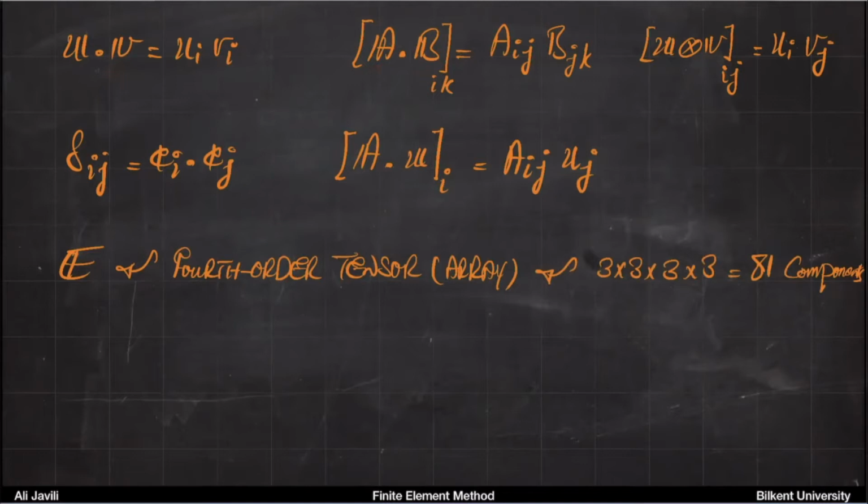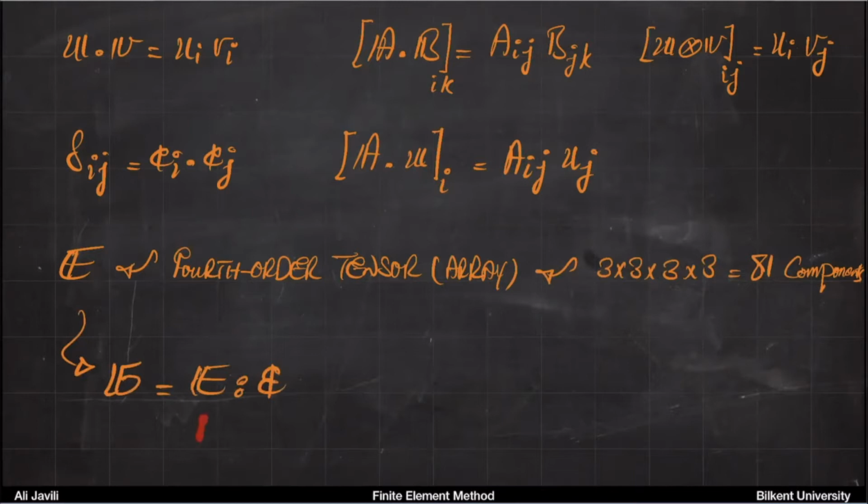This thing, usually you see it as a constitutive tensor in the context of mechanics, connecting stresses to strains. Later you would see this thing in a relationship which looks like this. Now, what does this mean?